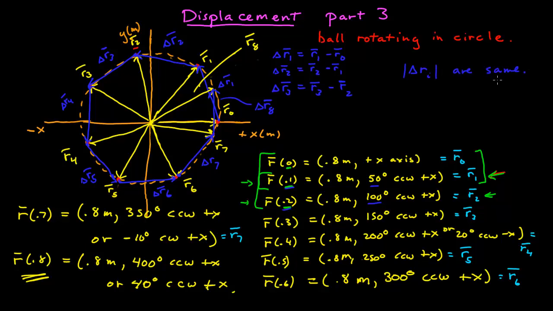Because it is going around in constant motion, the angle over each unit of time is the same, so the magnitude of the displacement vector is the same for each pair of vectors. While the direction of the displacement vector is changing as the particle goes around the circle, the magnitude is in fact the same.